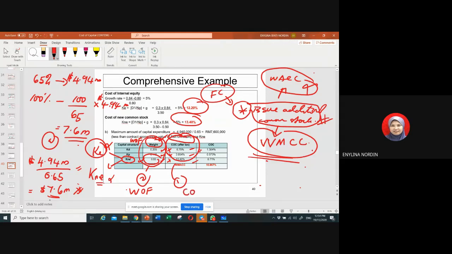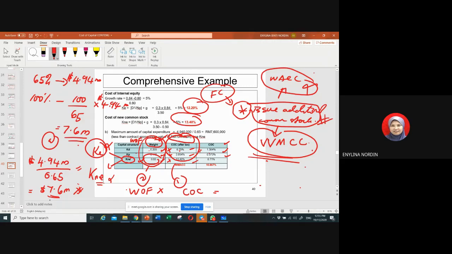Step 1 we calculate the cost of capital for each component. Once you get this figure for each component, you multiply for each component, then you will get the last column here. This one multiplied by this one, you will get 1.384%. For KP, you multiply by the WOF and the cost of capital of KP earlier, then you will get this one.